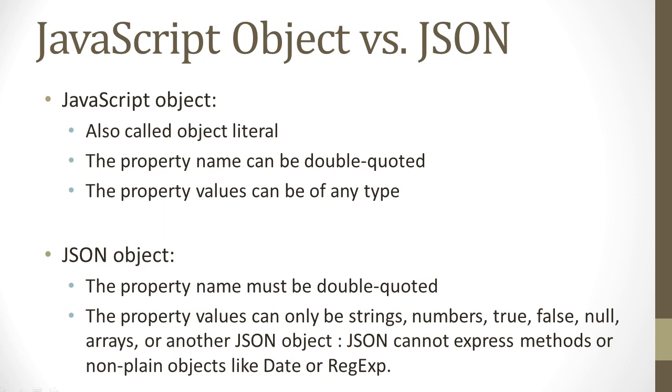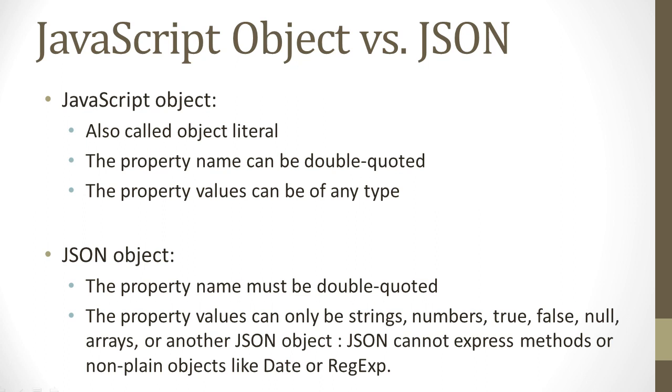So JavaScript defines the object type, which is very similar to JSON objects, but there are a few differences. The JavaScript object is also called object literal, and the property name of a JavaScript object can be written between double quotes, but this is optional, so we can write the property name without double quotes. Also, the property value can be of any type.